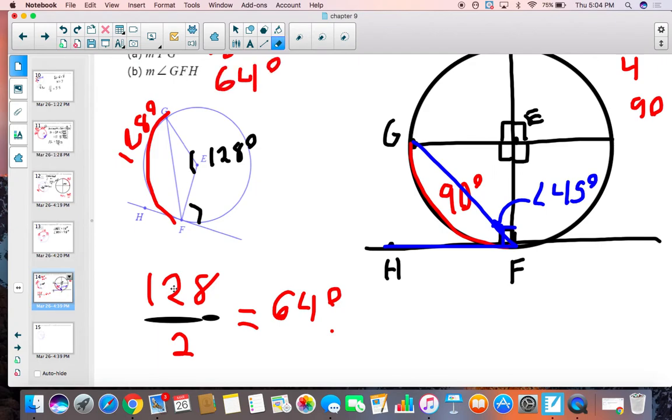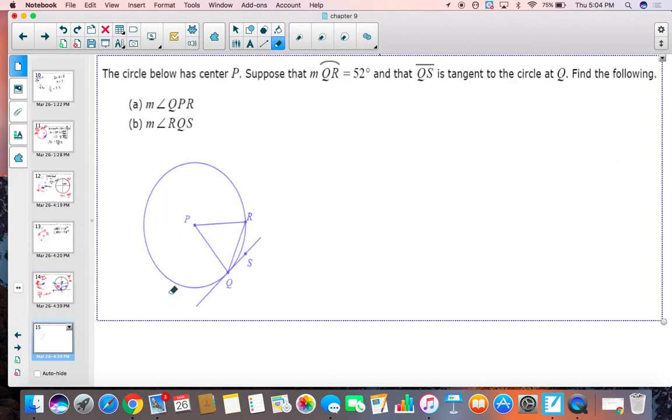So make sure the angle between this tangent and this chord is always going to be half of the arc that it intercepts. So this arc was 128, so we take that 128 divided by 2, and that angle there is going to be 64 degrees. Let's try another one.